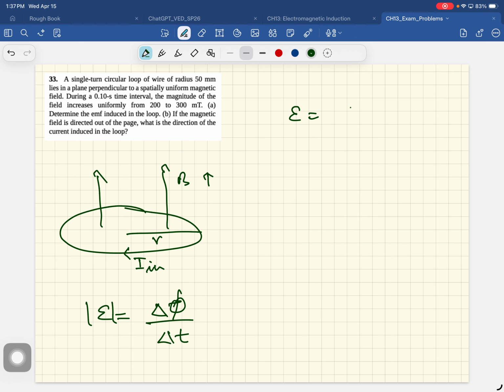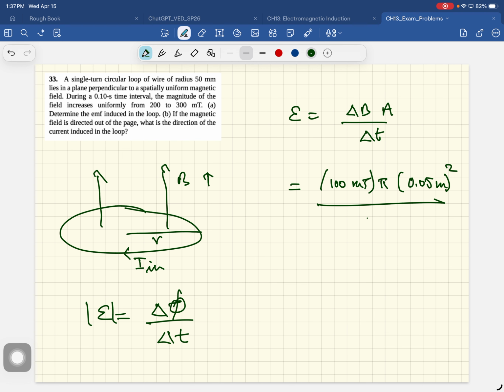So the induced field is in the opposite direction. B is increasing here, B is increasing here, so you want to induce a field in the opposite direction, and so the induced current is like that.